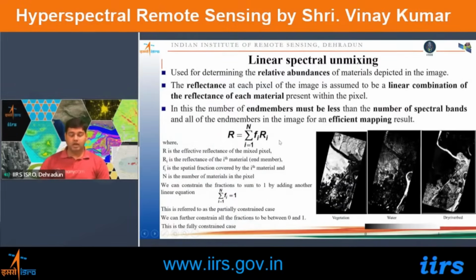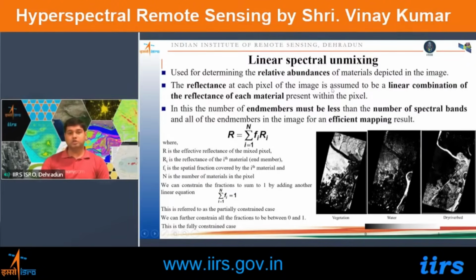Coming to the unmixing technique, normally we have to go for spectral unmixing and generate different score images for that particular hyperspectral data. It generates the relative abundances of materials depicted in the image.